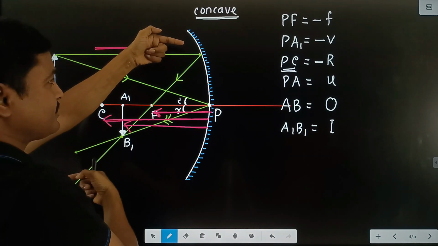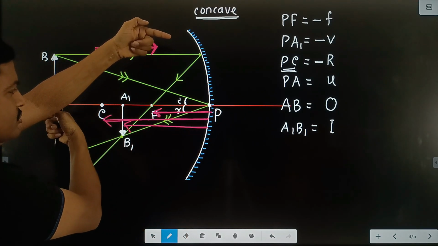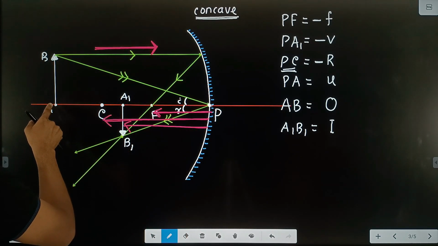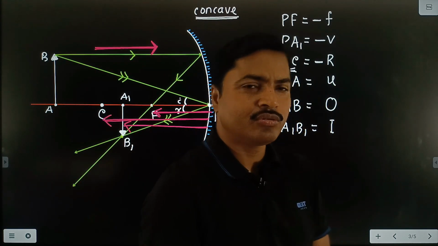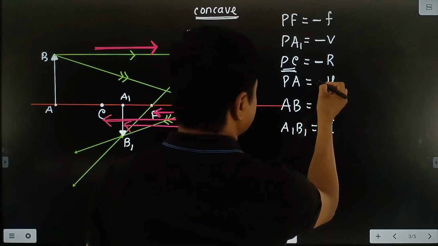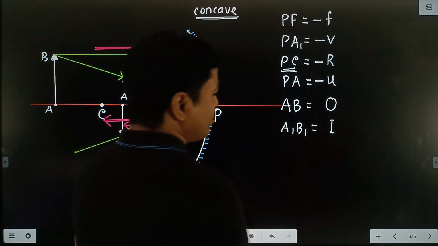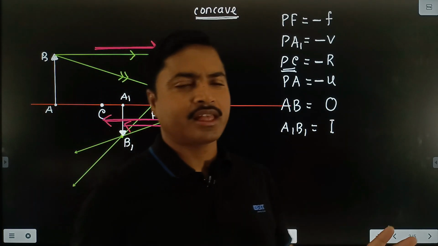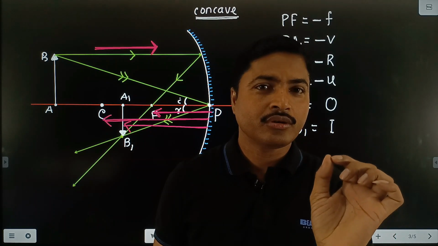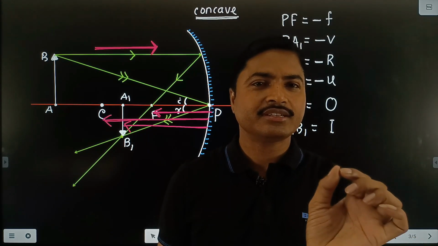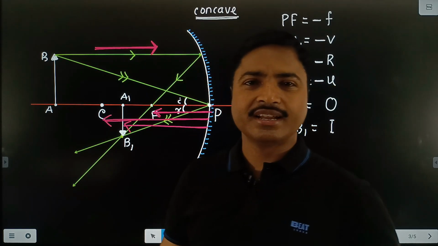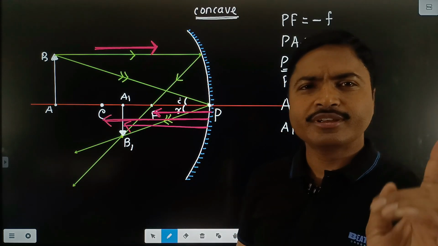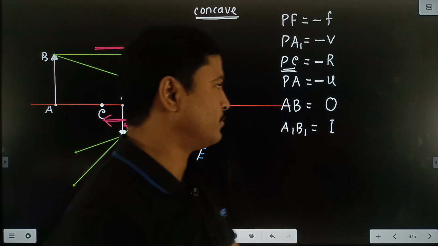At point A, the object is there. For object distance, we write U, and here also it is negative. Always object distance is negative, in case of a concave mirror or convex mirror. That means in case of a spherical mirror, object distance is always negative. Clear? That means always we write minus u, not plus u.